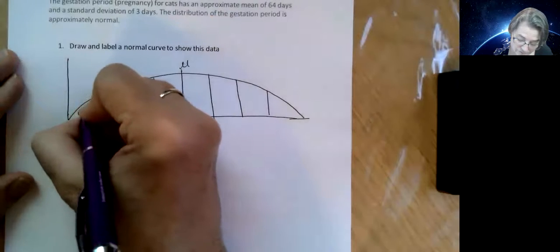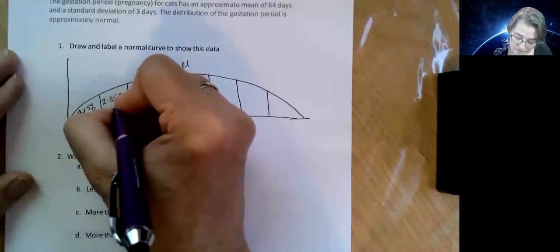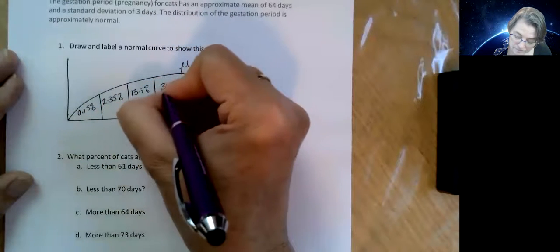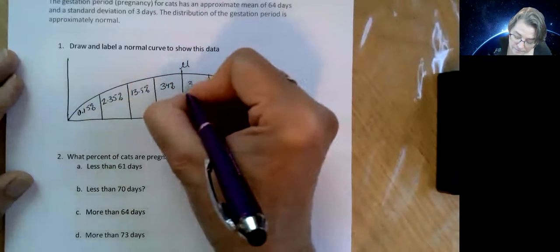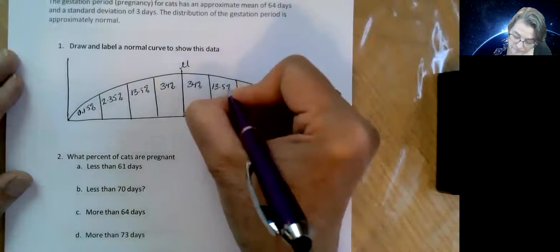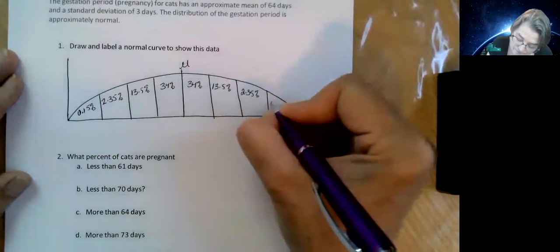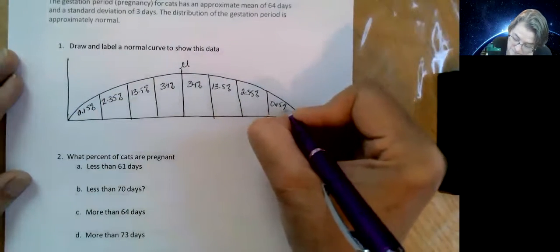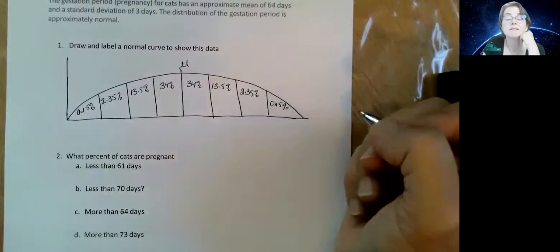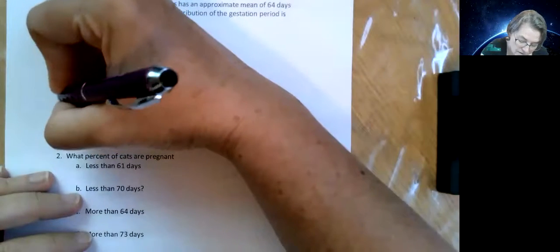So 0.15%, 2.35%. All right, there are the percents. Notice how nice and symmetrical it is. All right, so we got that. We need to write frequency over here.